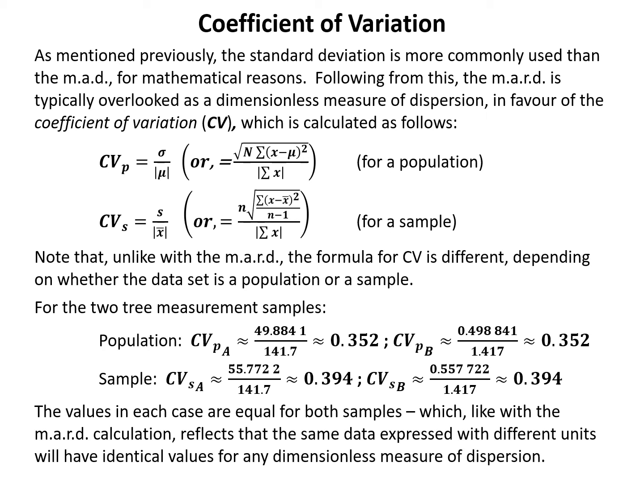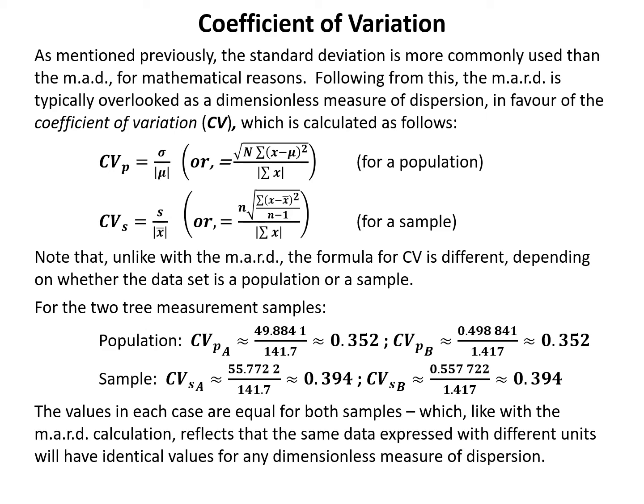So unlike with the MARD, which is the same for a population and a sample, the coefficient of variation uses a slightly different formula. And in fact, because S is generally larger than sigma, the CVS is generally going to be slightly larger than the CVP for the same data set.